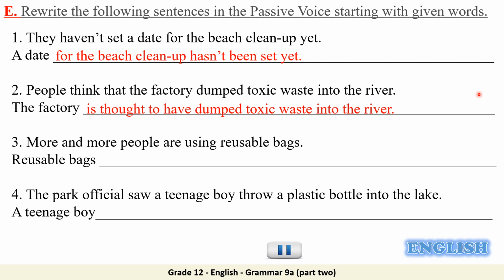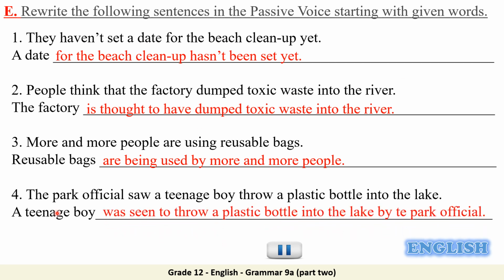Welcome back. Here is the answer. It is present progressive, plural, so it is are being used by the doer of the action. Four: The park official saw a teenage boy throw a plastic bottle into the lake. Starting with a teenage boy, subject number 2.